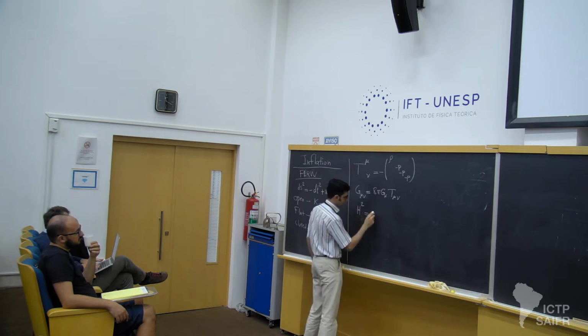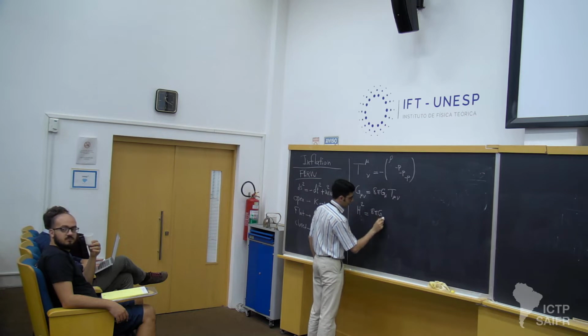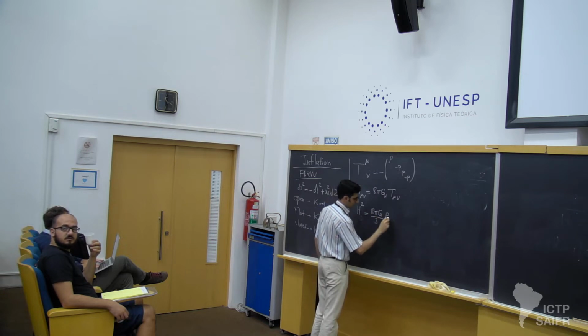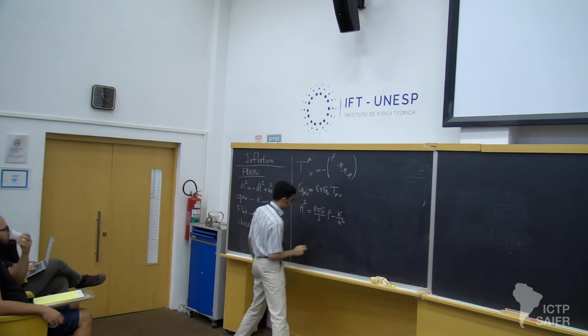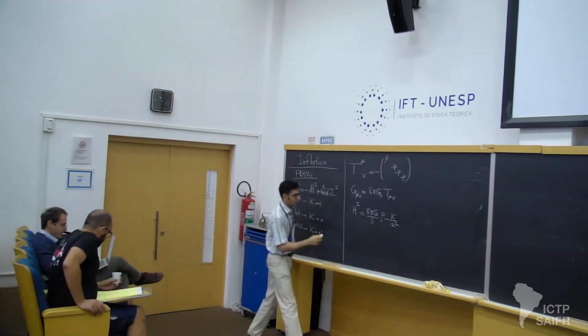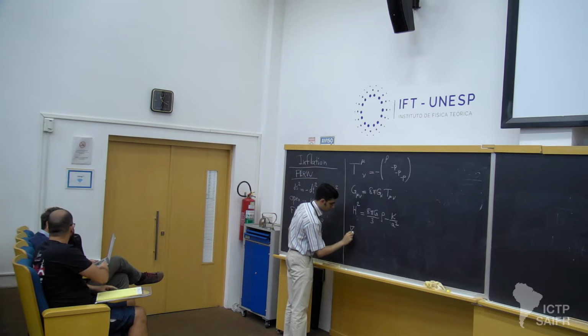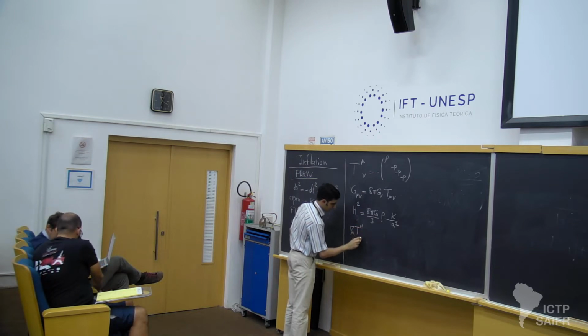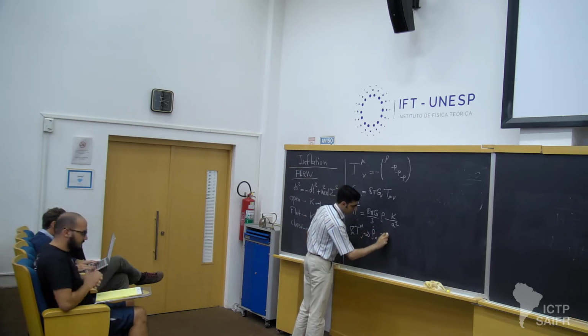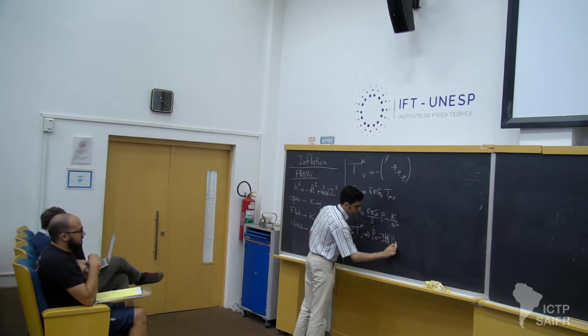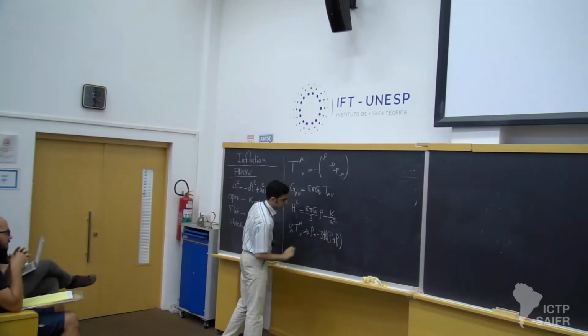The one that I care about is this one. And then we have the conservation of T mu nu, which tells me that rho dot is equal to minus 3H times rho plus p.